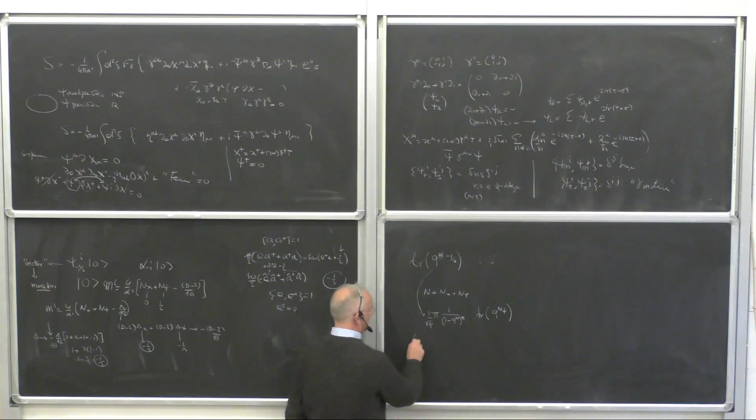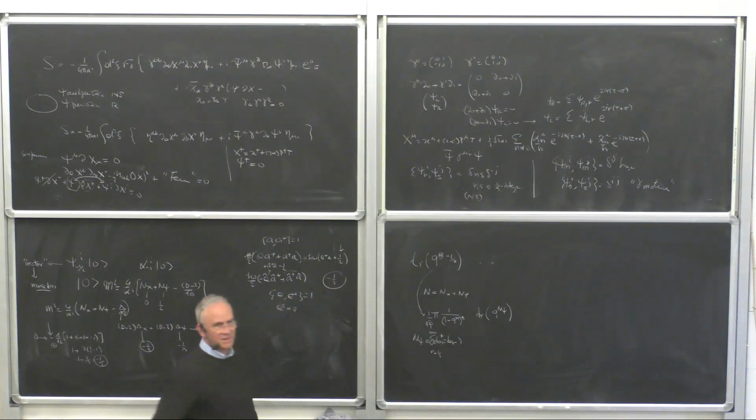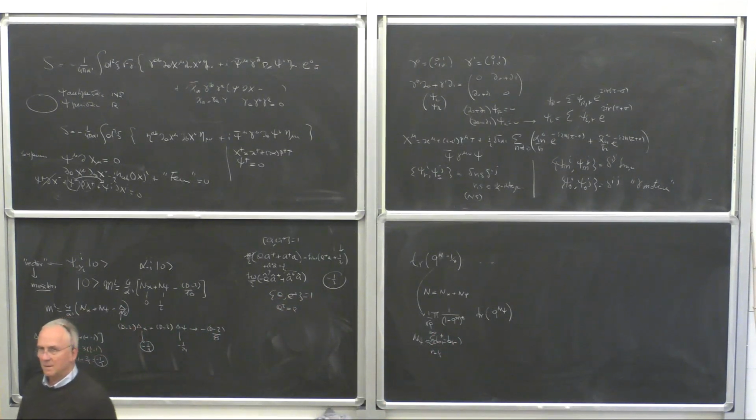What is n_psi? It is the sum, let me use the letter b now, on r, where r goes from 1/2 to infinity, all half integers. It is the contribution of the fermionic oscillators weighted by the corresponding rescaled frequency. Before it was an integer, now it's 1/2, 3/2, 5/2, and so on and so forth.